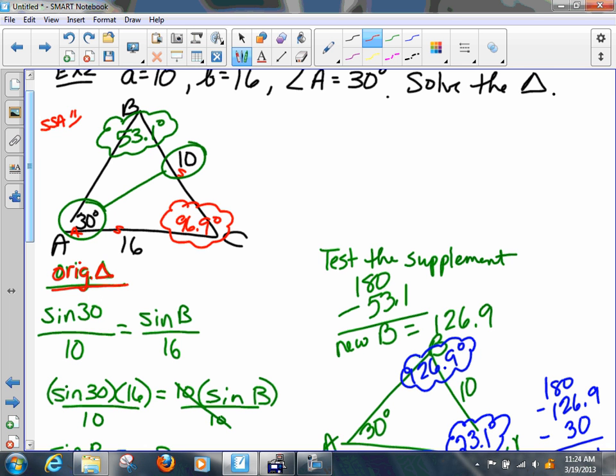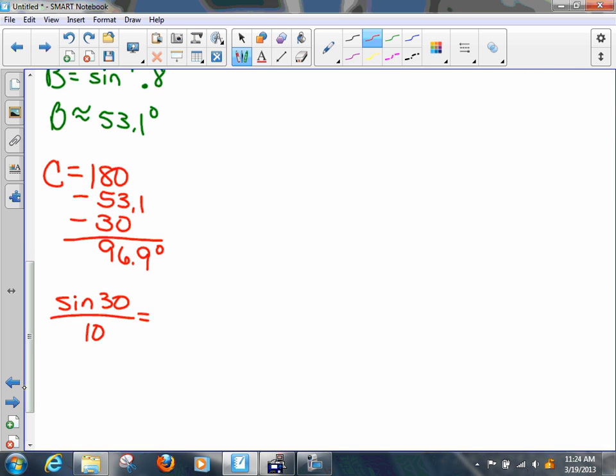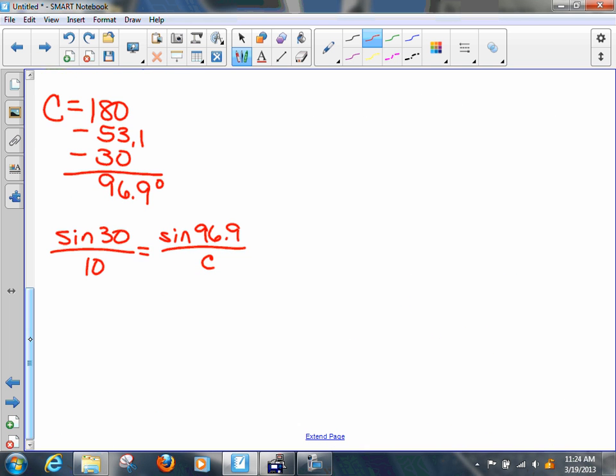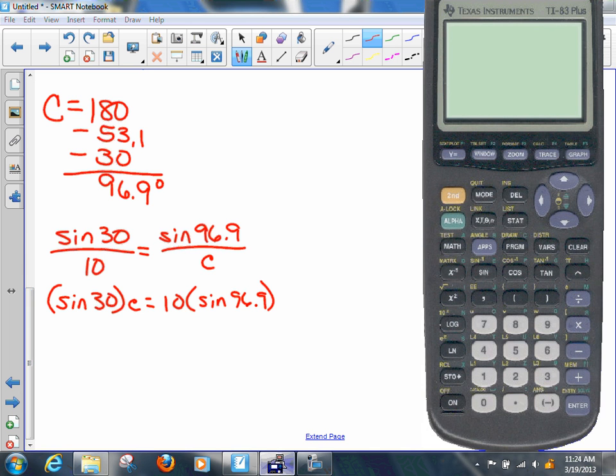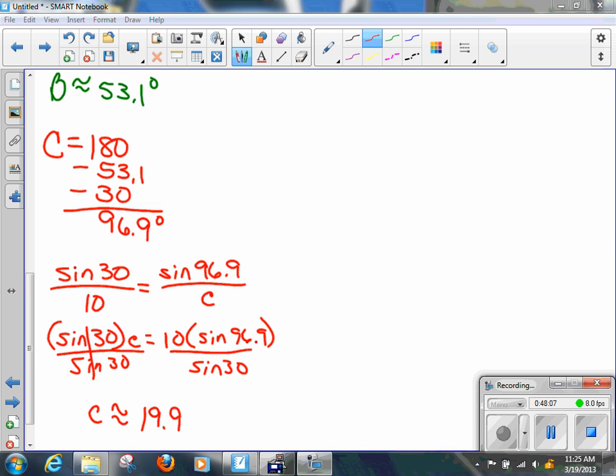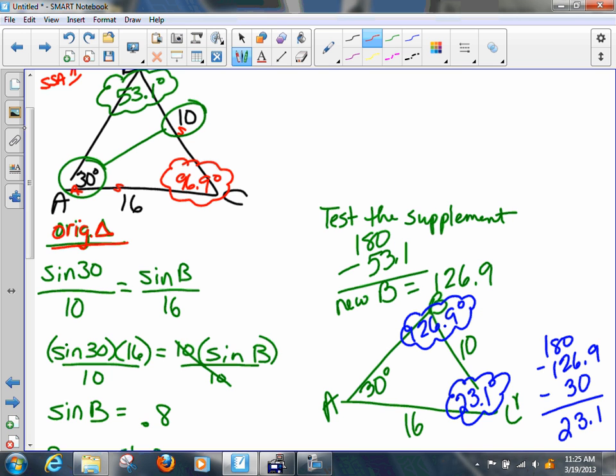Sine of 96.9 over C. Okay? Cross multiply, do the same thing we've been doing. Sine 30 times C is equal to 10 times sine of 96.9. Do the math. All right, so we got 19.9 for that side. I'm going to put it in my picture.